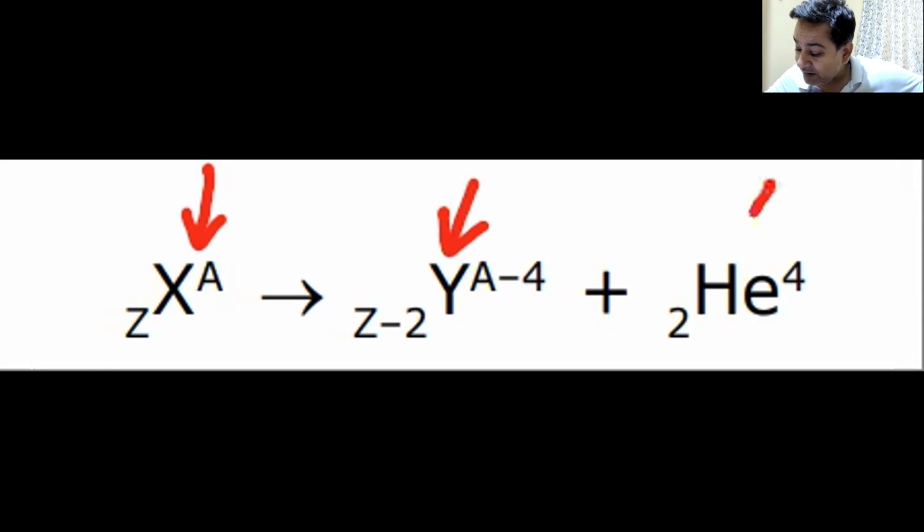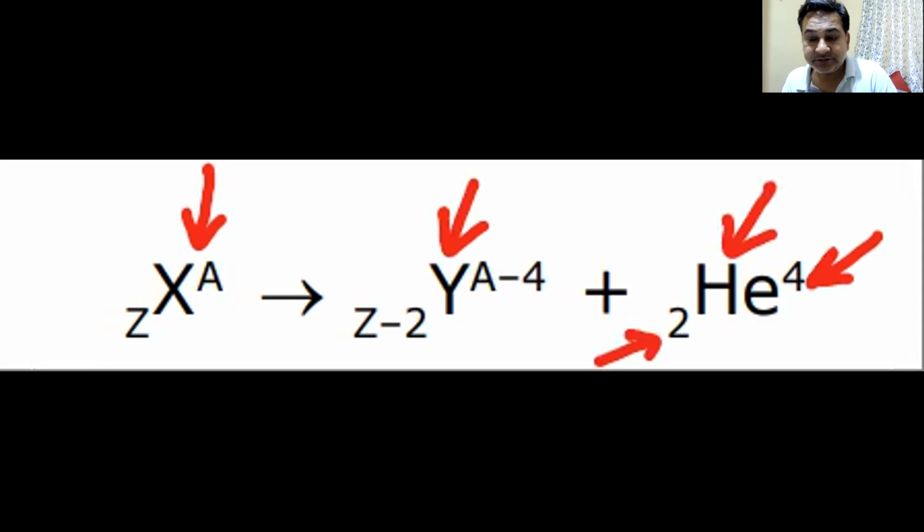And then we have a helium nucleus jumping out. Helium nucleus has a mass number of 4 and atomic number of 2.